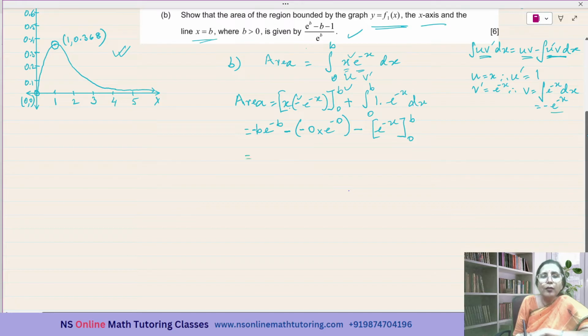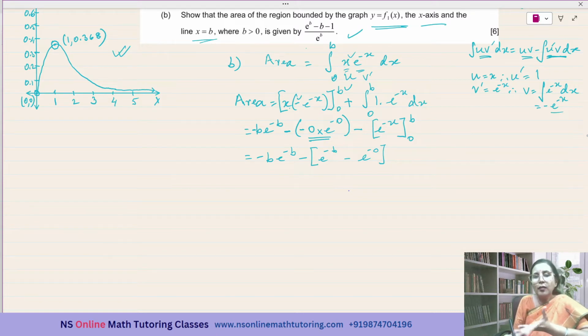And this part will be equal to 0. So negative b e to the power of negative b, and this is minus e to the power of negative b, and minus e to the power of negative 0. e to the power of negative 0 is equal to 1. Minus 0 and plus 0 don't have two separate values, it is basically 0. e to the power of 0 is 1.